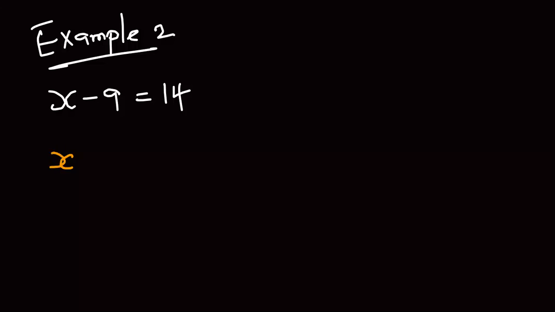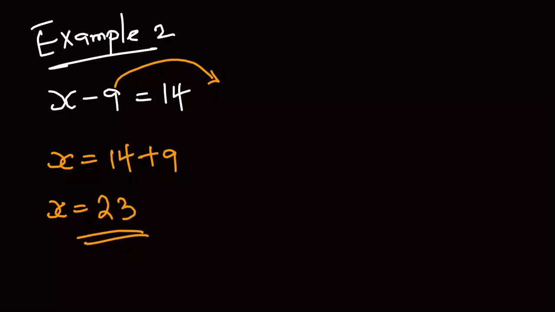This means the value of x is equal to 14. We take the negative 9 to the other side. It will change sign. It will become plus 9. What is x? 14 plus 9. Our answer is 23. That is how we have solved the question.